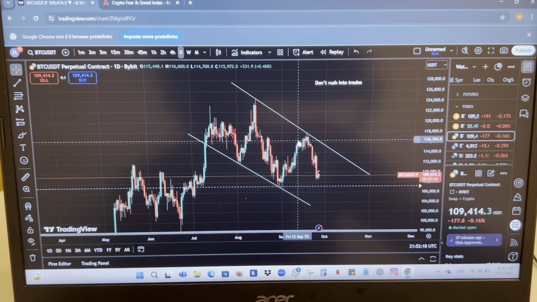And if the RSI is below 30, it means it's been oversold, that means the sellers dominated too much and it could be a good buying opportunity. So that's when you actually go for a solid long.